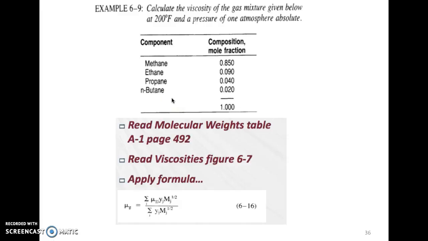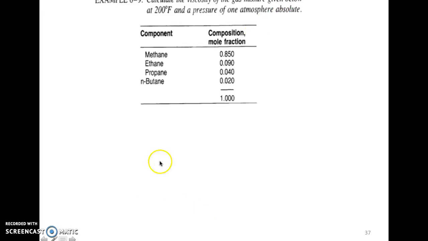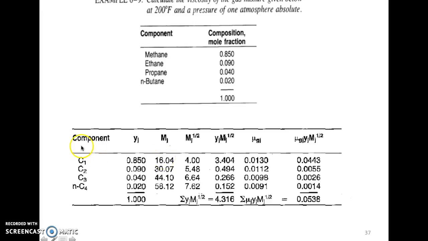Okay, so we'll read the molecular weights from appendix A1, page 492. Read the viscosity from figure 6.7, and again this is at atmospheric pressure, and then we apply the formula. So it's straightforward, and it's always good to create a table like this. The given part is here.